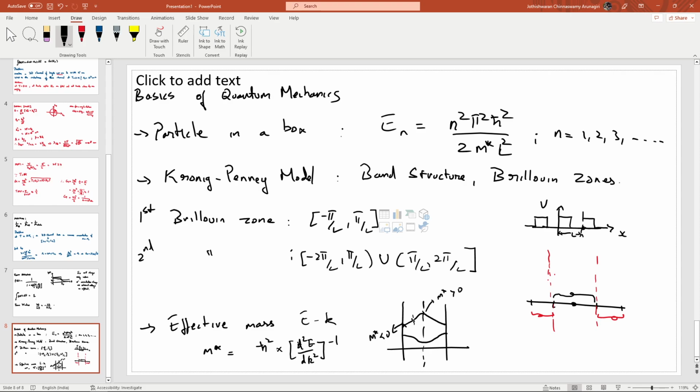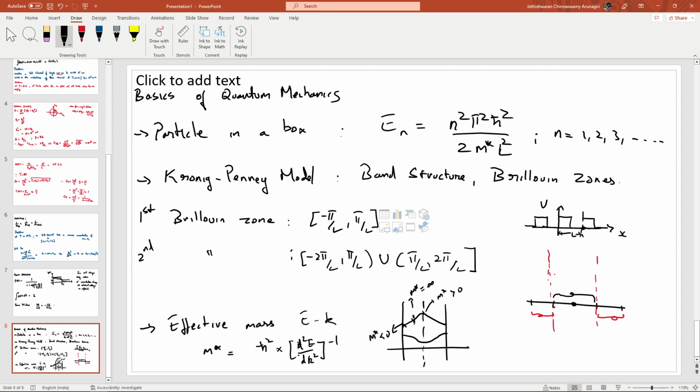So yes, sir. Okay, so somewhere in the middle, m star is infinity. There might be a question that asks you to evaluate the effective mass at some point in the middle. You might be given some kind of an E-k relation, and you might be asked to find what the effective mass at a certain point is.